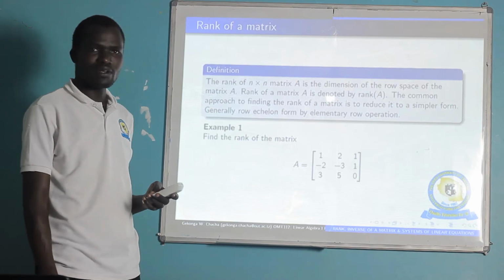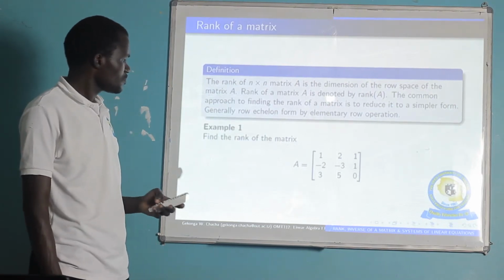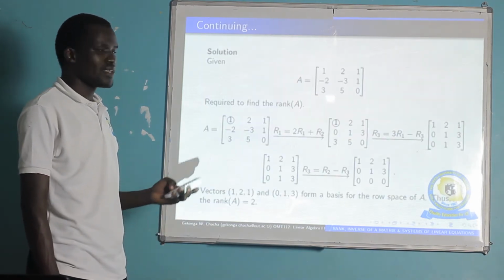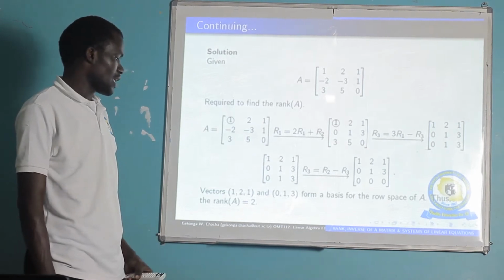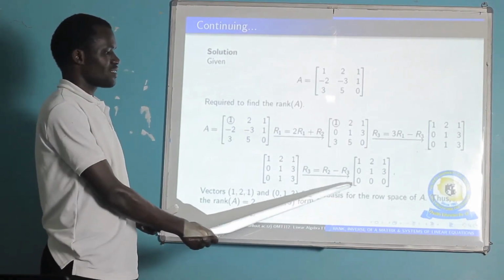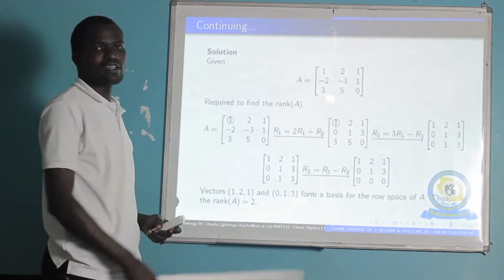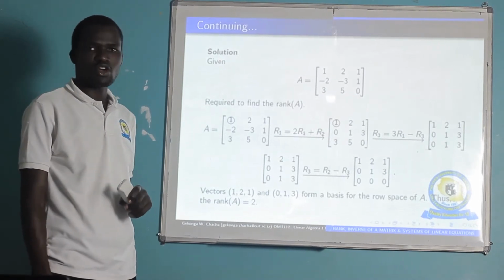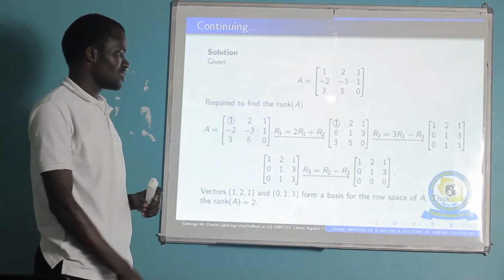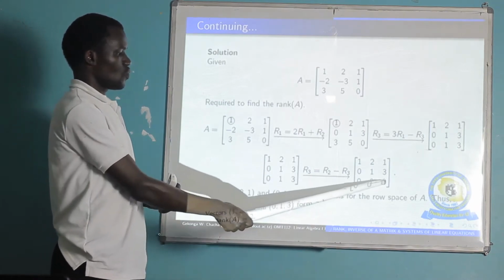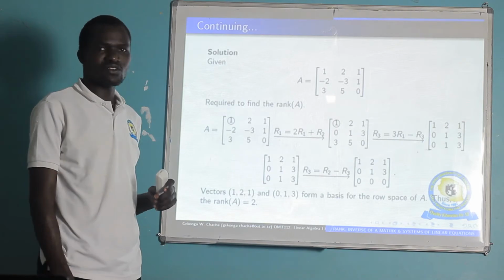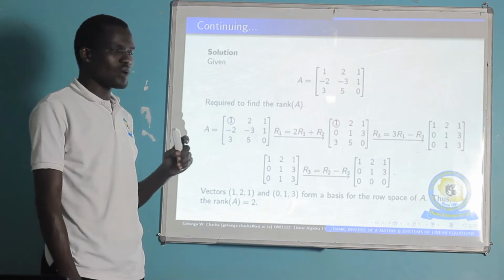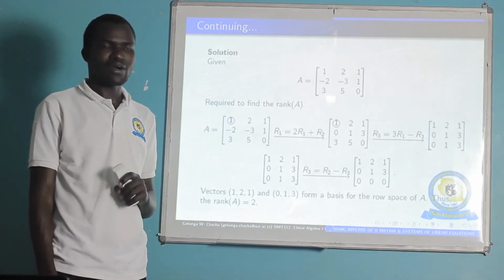Going through this example just quickly, and then we come with calculations. Find the rank of the matrix A as given here. So we just reduce this matrix. After reducing the matrix, we obtain that this matrix has a row with all 0 entries at the bottom. This means that this row with all 0 entries was not linearly independent of the other rows, so it reduced to all 0 entries.